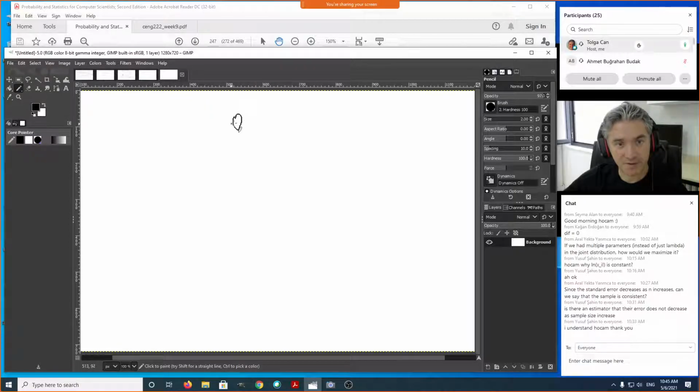So if we have some theta hat here, this is our point estimate, and we are going to add what is called the margin of an interval. If this is your point estimate for your theta, we are going to be building an interval around this, and this one is called the margin.